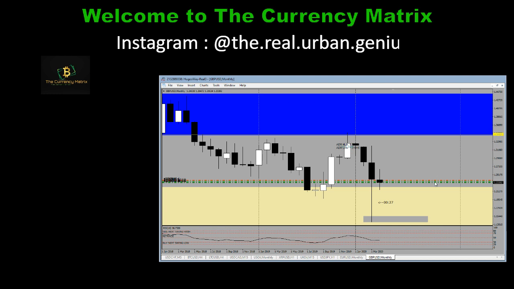So knowing that on the monthly basis, for this month long term we need to be looking for a short position. I do that starting from the month, so I know that for the entire month of April, I need to be looking for short positions on the pound.